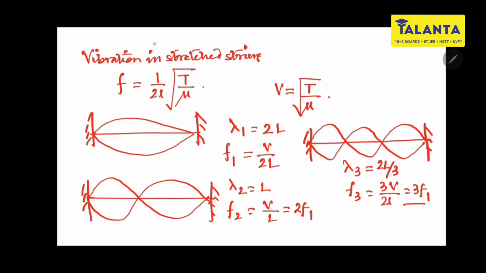That means here the frequency ratio is 1:2:3, and in general, the frequency Fp equals P by 2L into root over T by mu, or P into F1, where F1 is the fundamental frequency and P means number of loops.